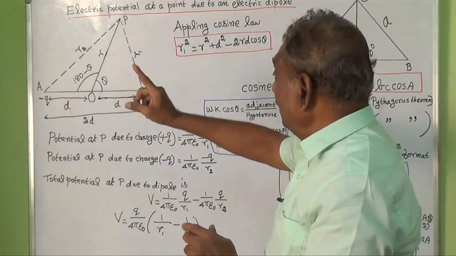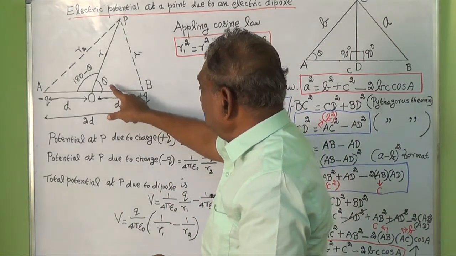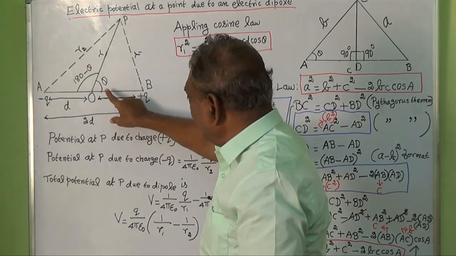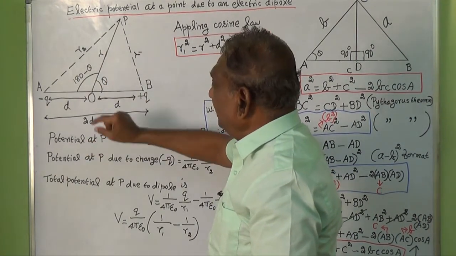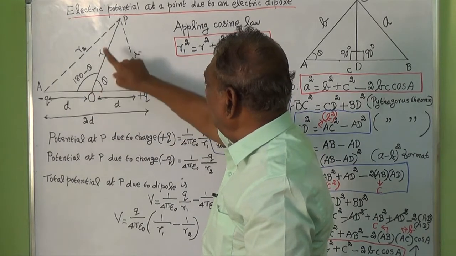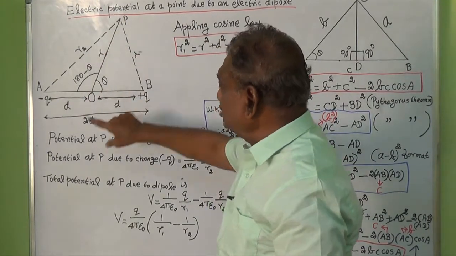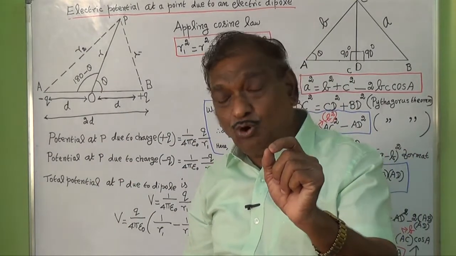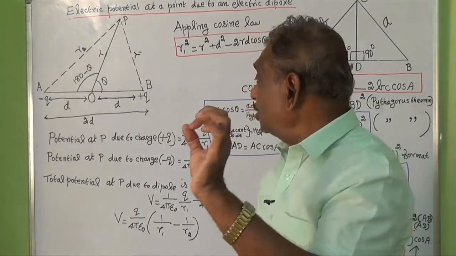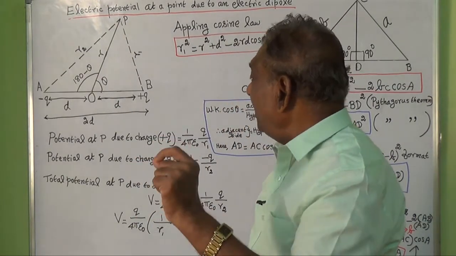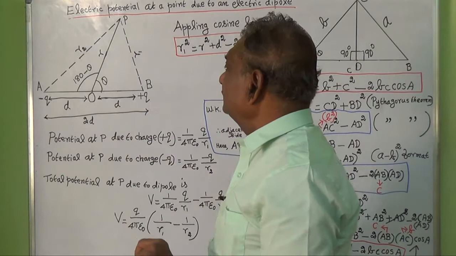So here the angle between the two sides, that is r and d, is given as theta. The distance between the center of the dipole and the point P is given as small r, and the distance between the center of the dipole and the charge plus Q or minus Q is given as small d.